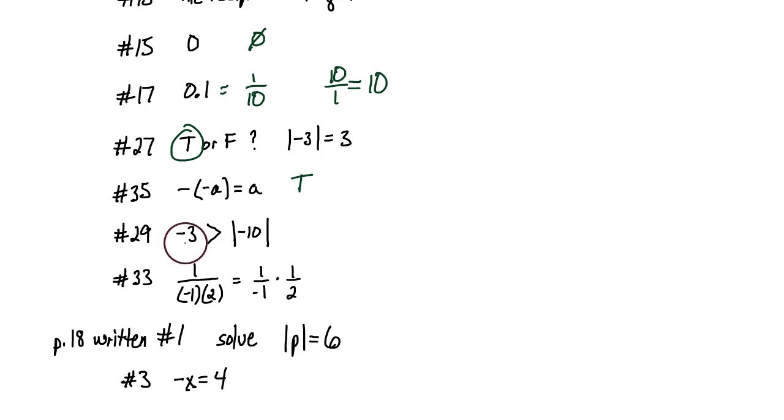Number 29, negative 3 is greater than the absolute value of negative 10. Let's rewrite this. Negative 3 is greater than 10. That's false. Number 33, is 1 over negative 1 times 2 equivalent to these two things times together? Yes, it is. That's true.